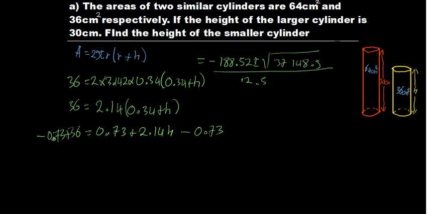We're going to get 35.27 equals 2.14h. So we divide both sides by 2.14, like that.